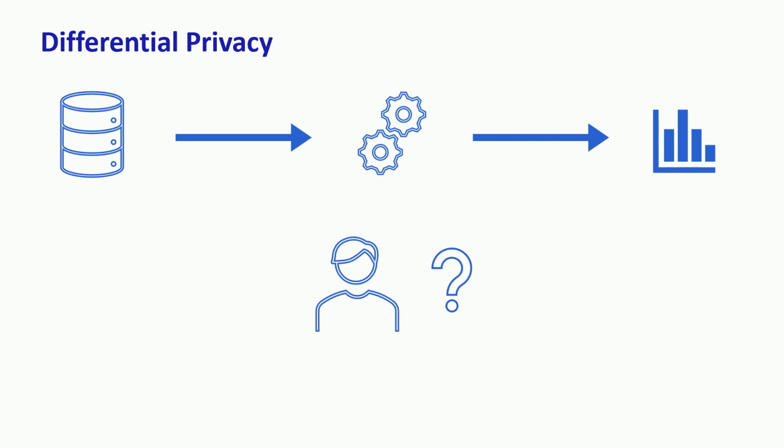Is it really easy for them to tell? This is pretty powerful, right? If I'm sharing the results of my query, but people can reconstruct my database, that's a pretty major privacy breach.